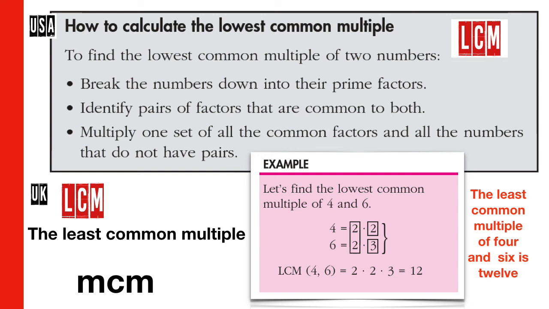Then the least common multiple of 4 and 6 equals 2, because it's the common factor, and all the not common factors: 2 times 2 times 3 equals 12. We say the least common multiple of 4 and 6 is 12. You don't have to read the brackets.